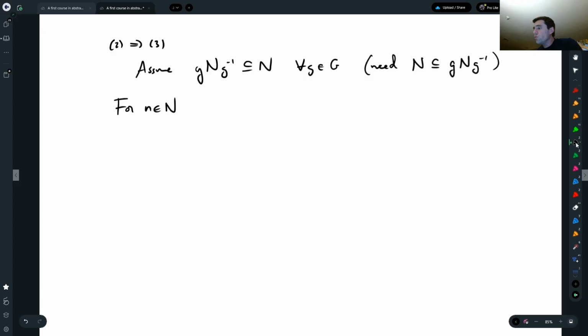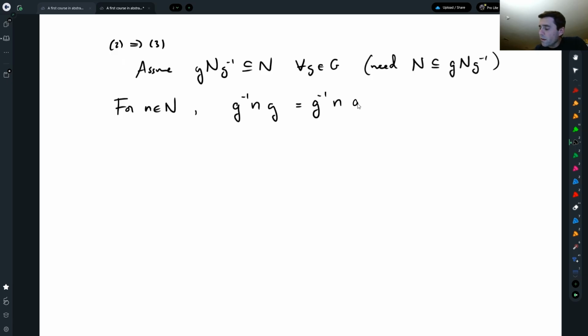So what I'm going to write is that, well, I do have that g inverse N g is the same as g inverse N (g inverse) inverse. But I am assuming this containment, so this with g replaced by g inverse tells me that this is contained in N, because this is true for any g.